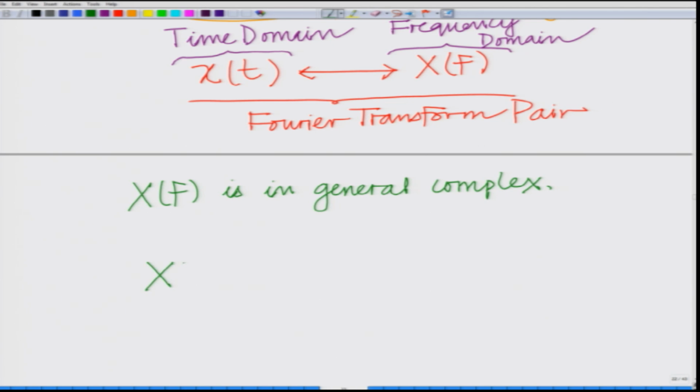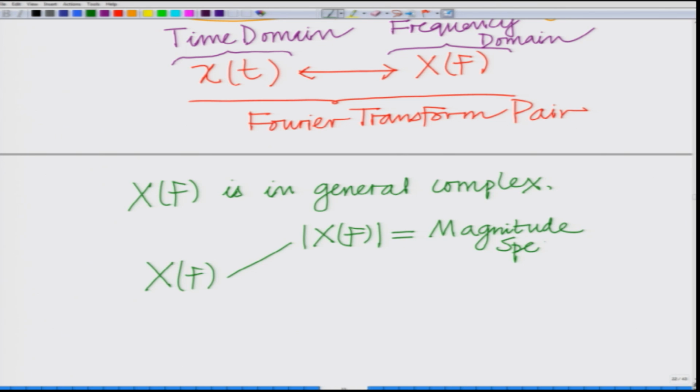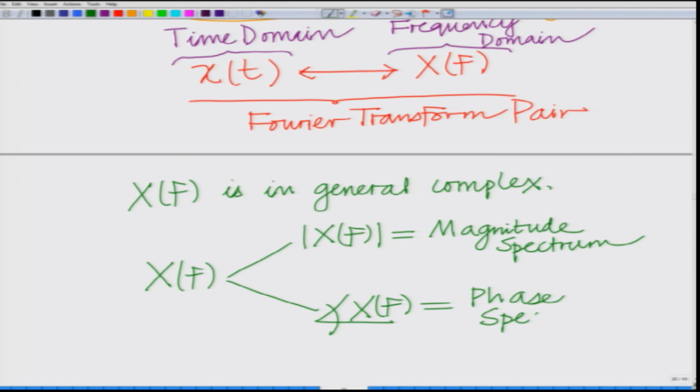One is the magnitude, which denotes the magnitude spectrum, then we have the angle, that is the phase of X(f), which denotes the phase spectrum.